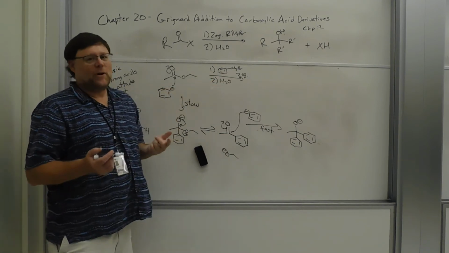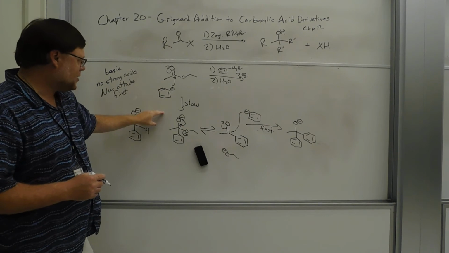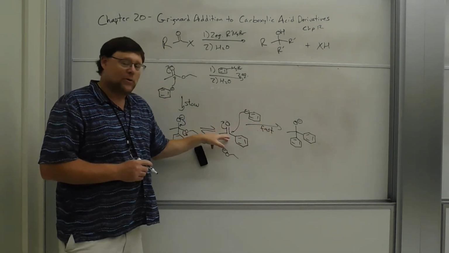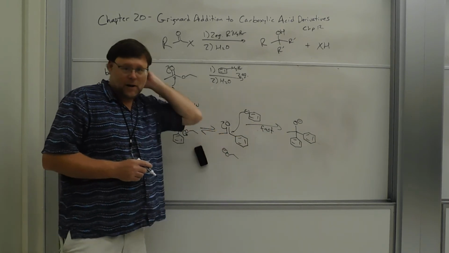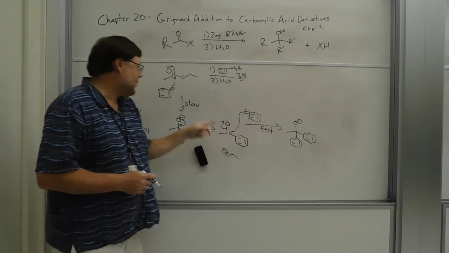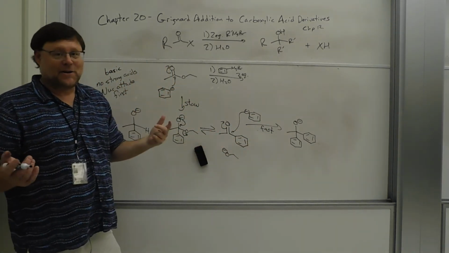You might say, well, what if you only add one equivalent? If you only add one equivalent, a little bit of the ester will react, and then the ketone that you get immediately reacts with the Grignard. If we use one equivalent, what we'll get is 50% this and 50% ester that's unreacted. All right, so it's been tried, can't do it.